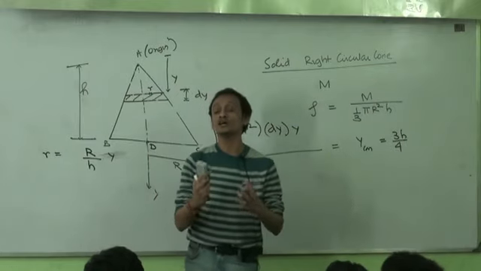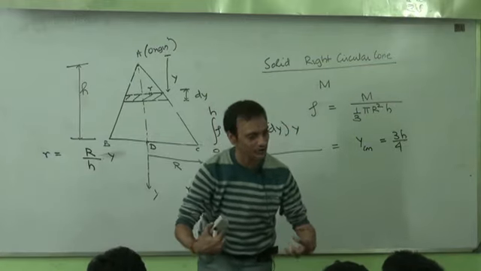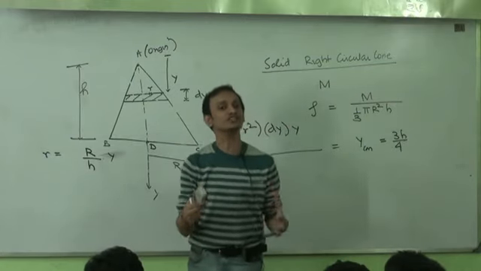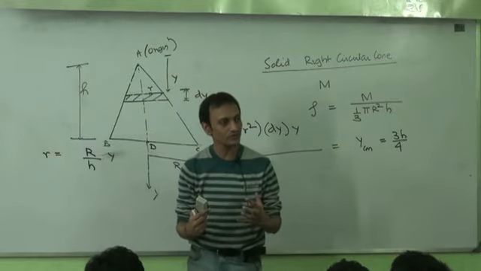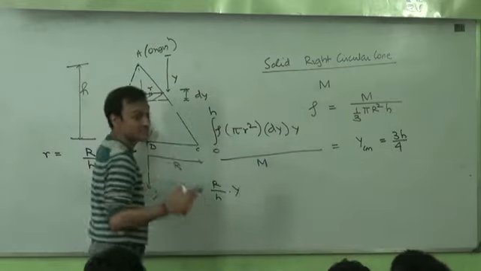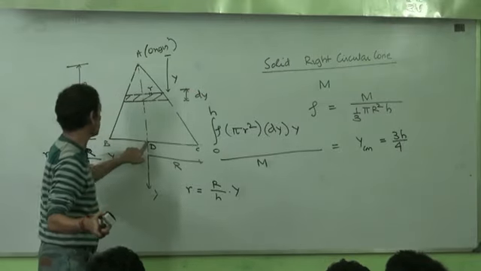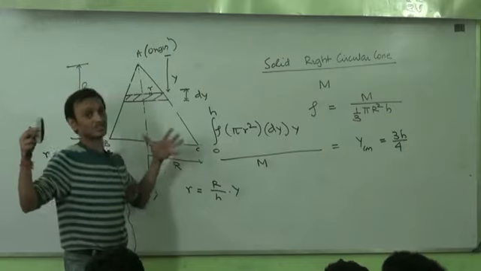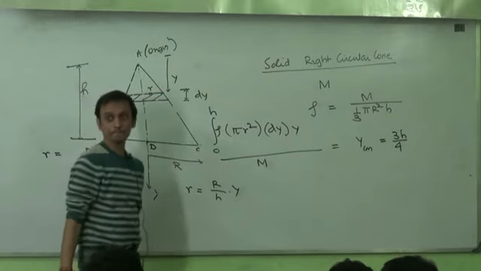The center of mass will be biased towards a heavier distribution, closer to the region in which there is greater mass, right? So that's why it's 3h by 4, it's greater than h by 2. So it will be further away from A and closer to the base, which is more massive, right?